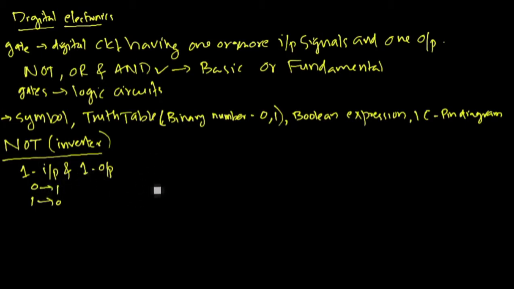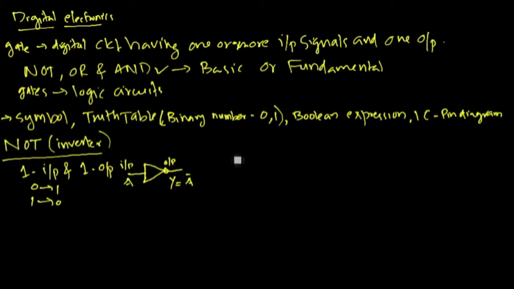The symbolic representation of a NOT gate is a triangle with a circle at one end, with one input terminal and one output terminal. The input is usually represented by A, the output is usually represented by Y, and Y is always the inverted or complement of A, usually written as A bar.